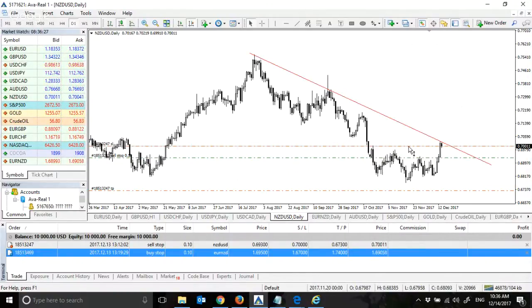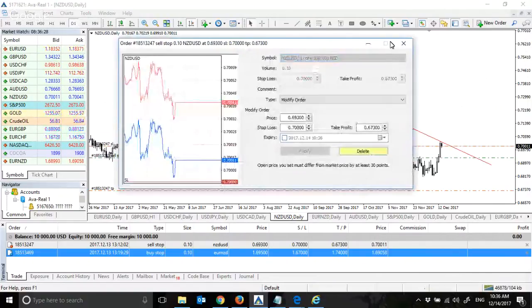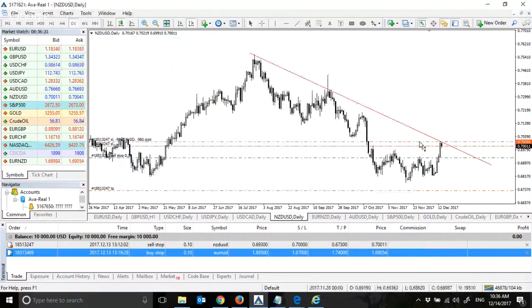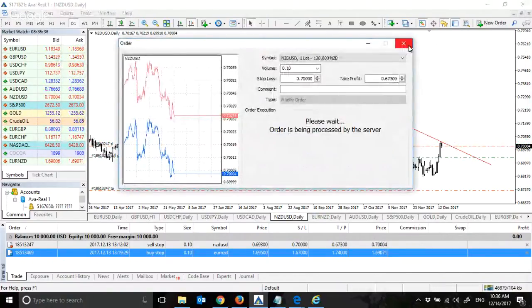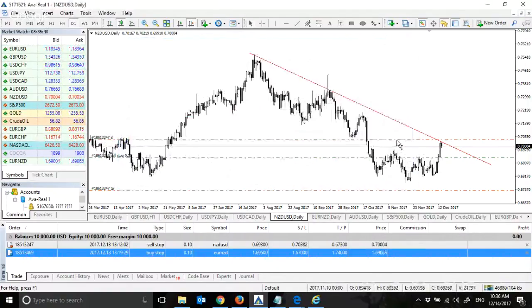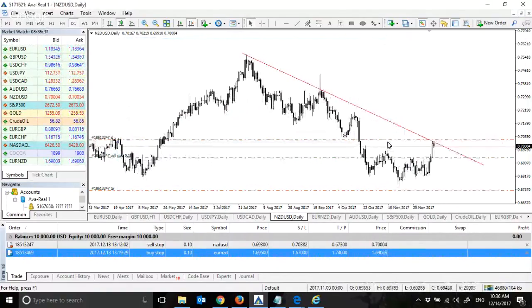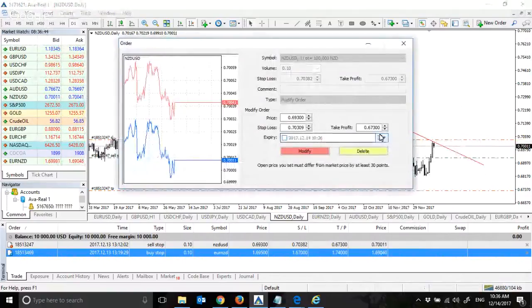So what I'm going to do now is to move my stop loss a little bit higher. I can do it like that in the chart, or I can change it also in the pending order window. So I can do it like that. I can play with it a little bit.